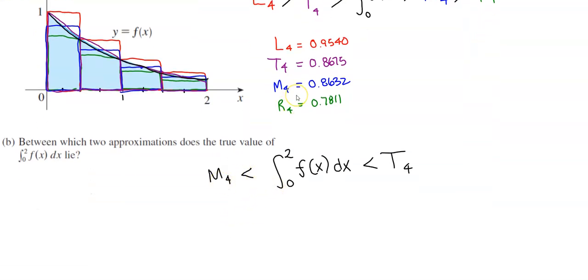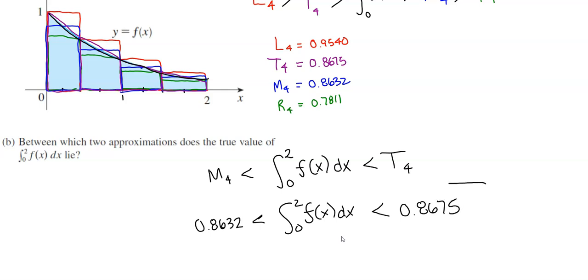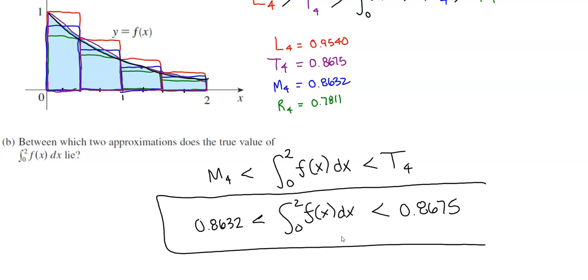We know that M4 is 0.8632, and we know that the trapezoidal estimation is 0.8675. So therefore, these are the two approximations that it would be in between.